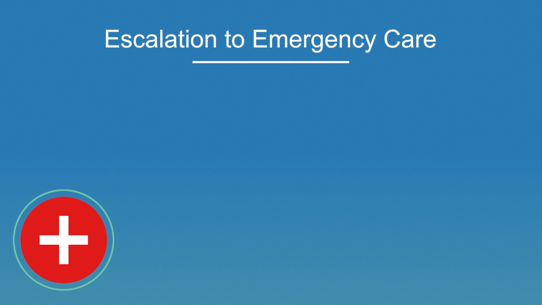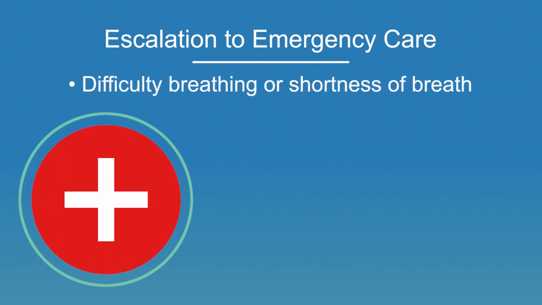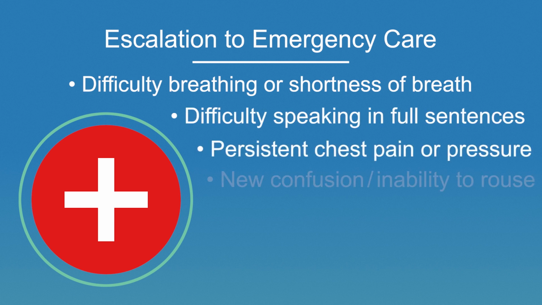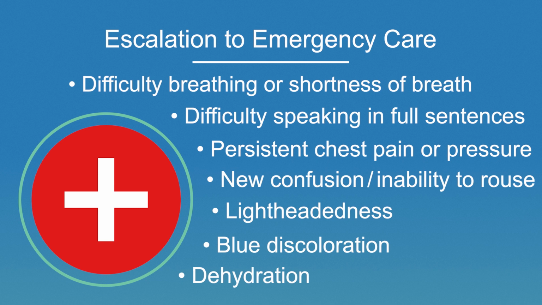Staff should call emergency medical services if a resident has severe warning signs of COVID-19, the flu, or any other illness, including difficulty breathing or shortness of breath, difficulty speaking in full sentences, persistent pain or pressure in the chest, new confusion or an inability to rouse, lightheadedness, blue discoloration of lips, face, or nail beds, dehydration, which can include dry mouth and skin, dizziness, headache, fever and chills, rapid breathing, rapid heart rate, or muscle cramps.